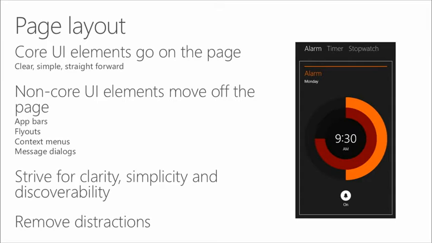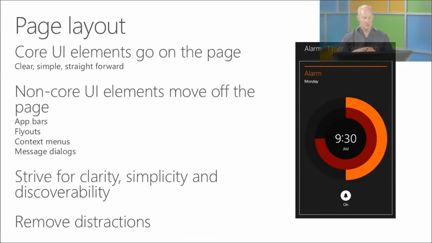For non-core UI elements, you have the opportunity to move those in a way that's still easy for users to find, like on an app bar or a flyout, or connected to the charms, in a settings flyout. By doing this, you remove clutter and get clarity. So you don't even have to think about discoverability, because everything is so clear and simple within your UI. Rather than solving for discoverability, you're removing the distractions from the start. So your app is really great from the start.